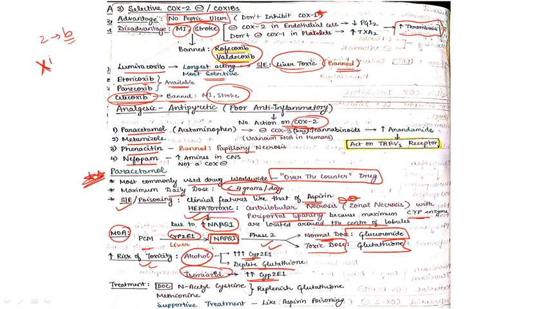So these are the two risk factors for paracetamol toxicity, that is alcohol and isoniazid. What is the treatment? The drug of choice will be N-acetylcysteine, or you can also give methionine, because it will replenish glutathione concentration. Supportive treatment is just like aspirin poisoning. So this is about paracetamol.